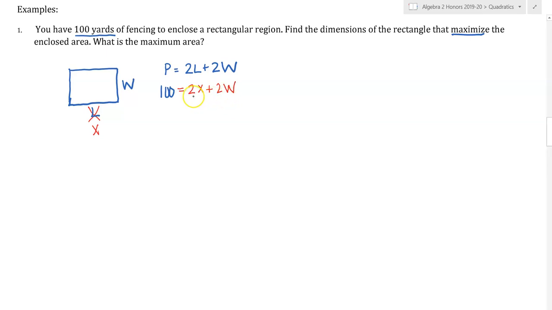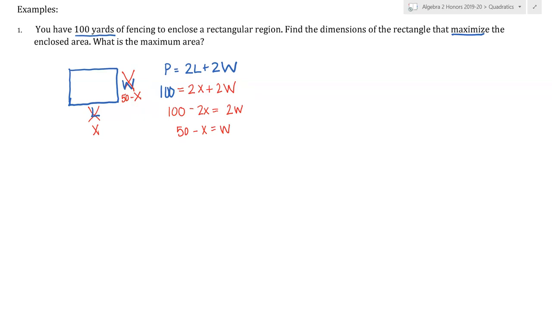To solve for W, I would subtract, and then I would divide every single thing by 2, and I've got W is 50 minus x. So if the length is x, the width is 50 minus x.